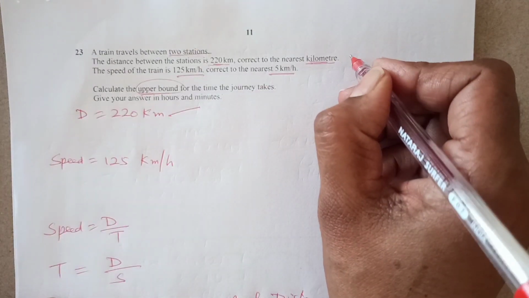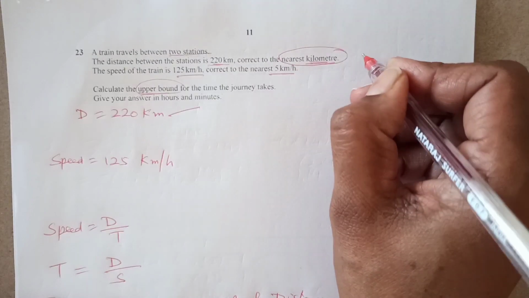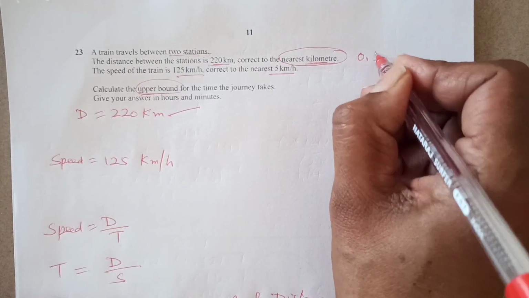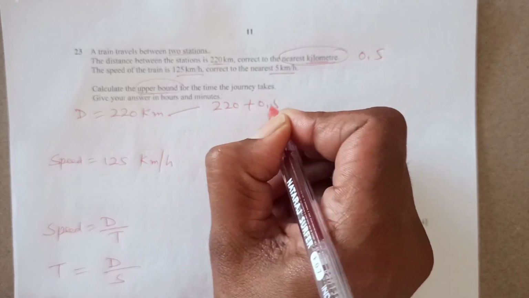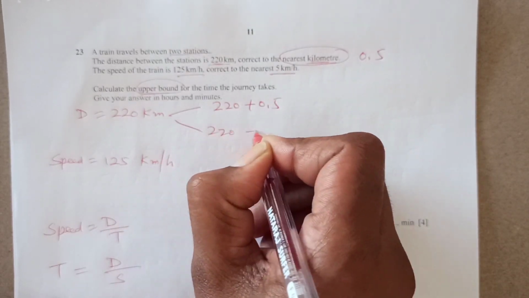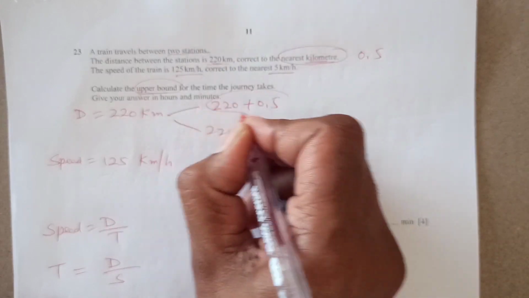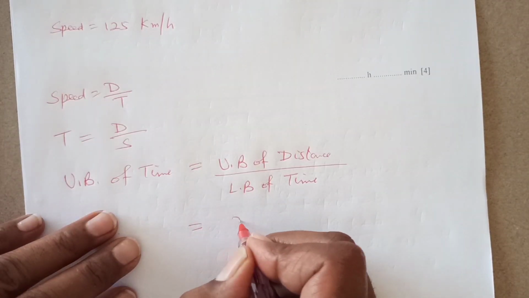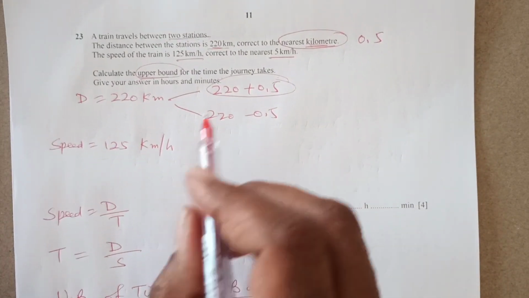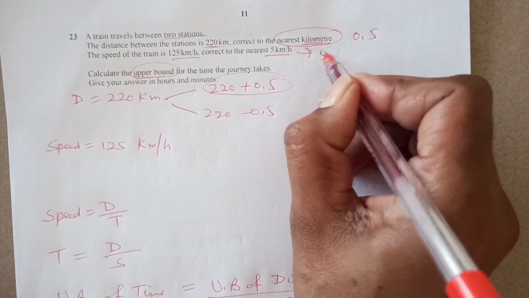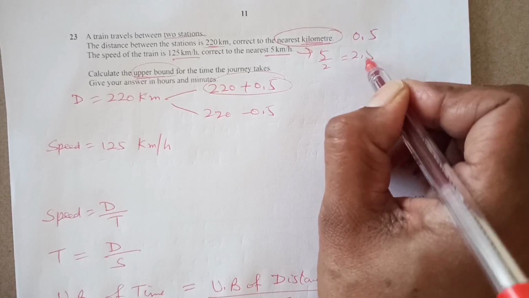So upper bound of distance: now distance we have here in kilometers, is to the nearest kilometer, so half of a kilometer is 0.5. So upper bound is going to be 220 plus 0.5 and lower bound is 220 minus 0.5, but we need this one, right? So I will put here upper bound 220 plus 0.5. Now here half of this, 5 over 2, is 2.5.